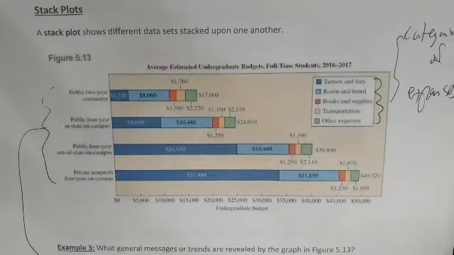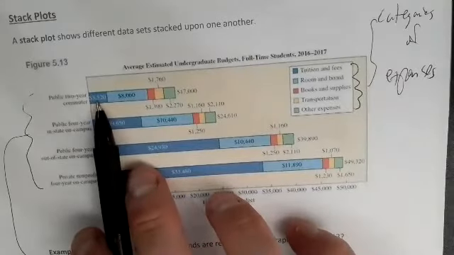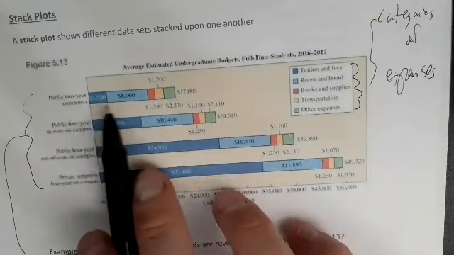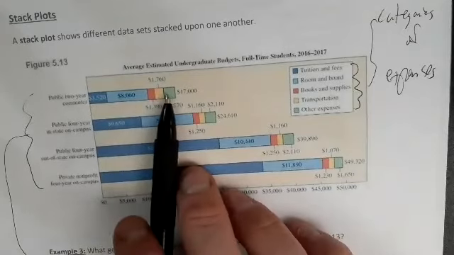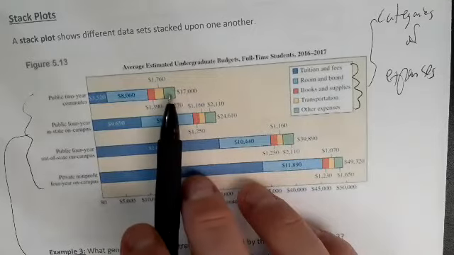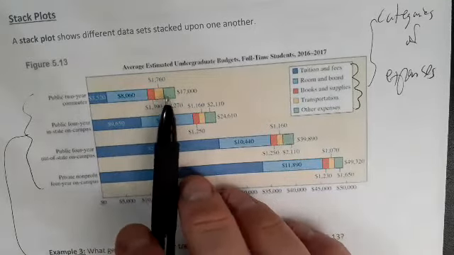And so one thing is that it makes sense to put these things on top of each other, right? If we add this and this and this and this and this, it's going to give us the total expenses. So we're taking our total expenses and dividing it into subcategories.